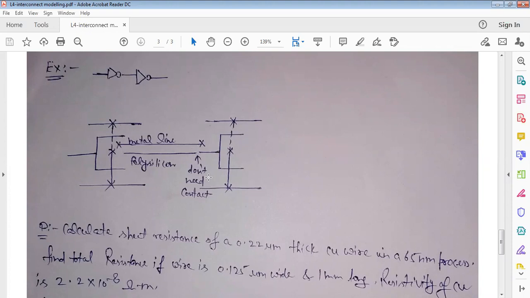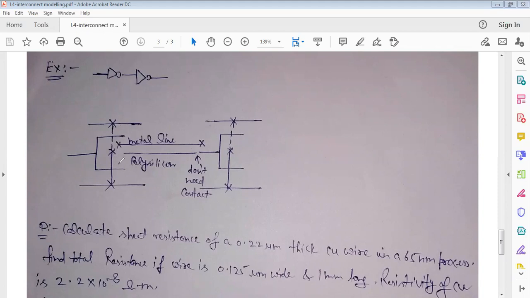Now, the output of the first inverter is the input of the second inverter. So you need to connect the output point of the first inverter to the input of the second inverter. Remember, this line is a polysilicon line. This particular line is a metal line. Wherever there is a contact between polysilicon and metal, there would be some resistance there.